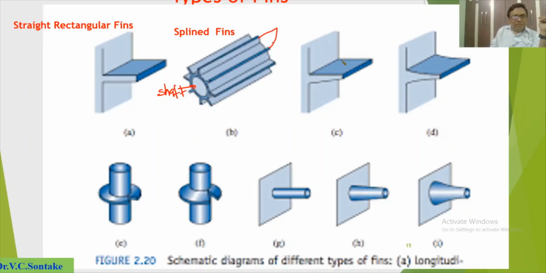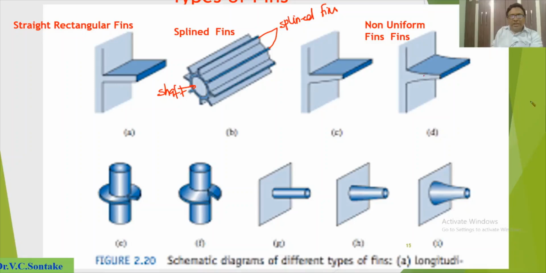Actually, these are the splined fins. Then in non-uniform fins, in case C, the area of the fin is varying from one side, while its top side area remains constant. This is also a non-uniform cross-sectional area fin.